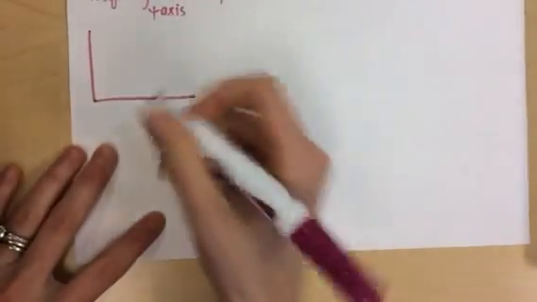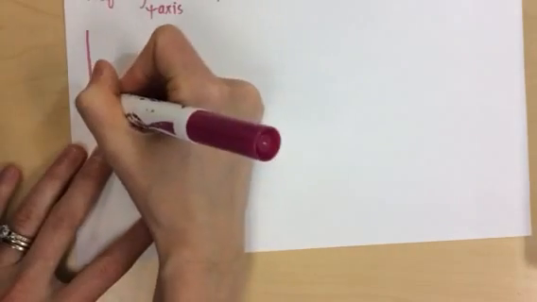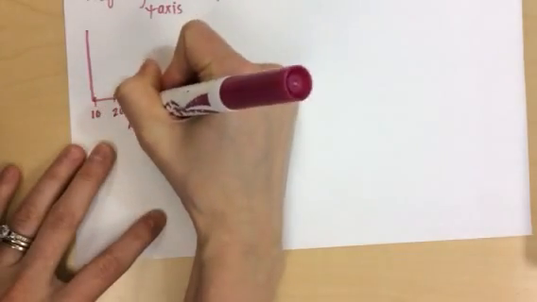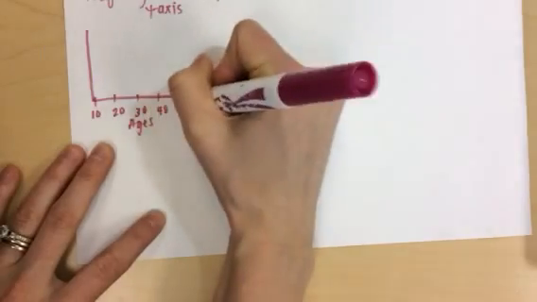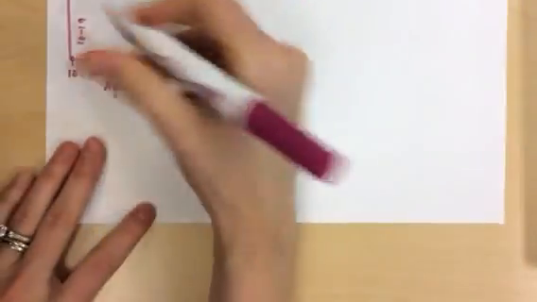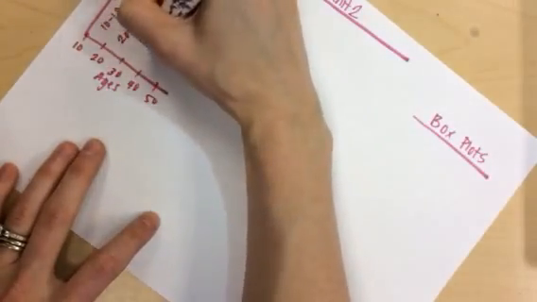So let's make a little example here. For our bottom, for our ranges, we've got ages, and maybe we have 10 to 20, 30, 40, 50. We might say here that this is 10 to 19, because remember, 20 would go with the bar to the right. So this would be 20 to 29, and so on.